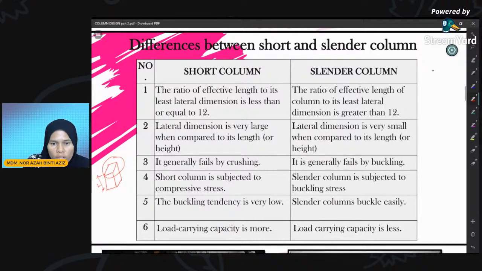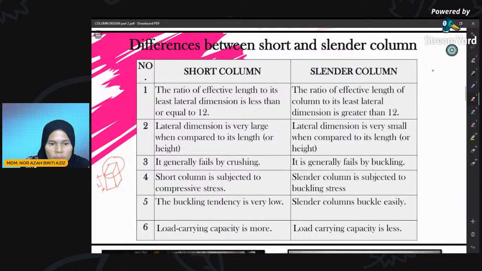For a short column, the buckling tendency is very low. A short column can't buckle because it's short, so it will crash. While the slender column will buckle because it's a thin and long column.